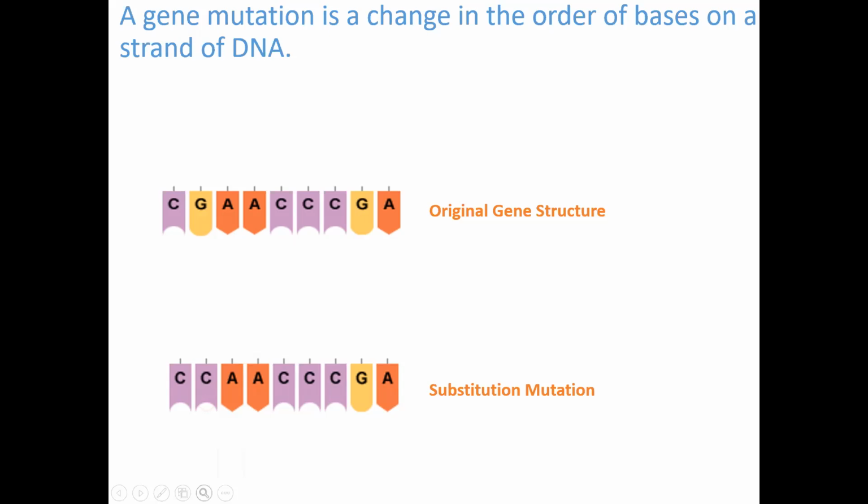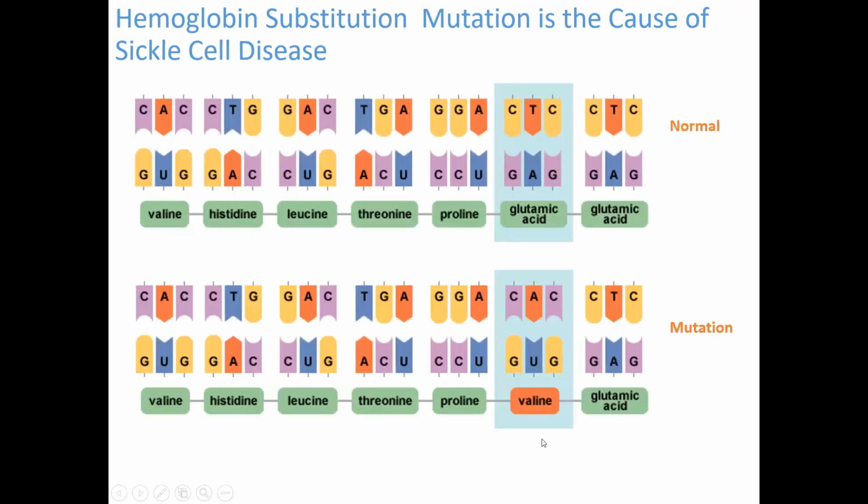So a substitution is simply putting in the incorrect base instead of the correct one. Here we're putting in cytosine in lieu of guanine. Okay. Sickle cell disease. Sickle cell disease is a substitution mutation.